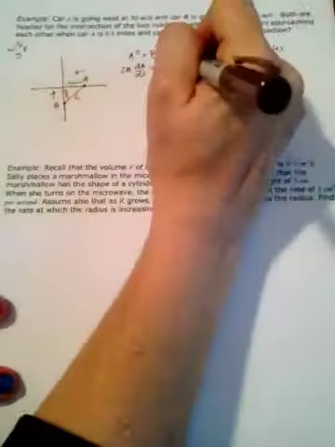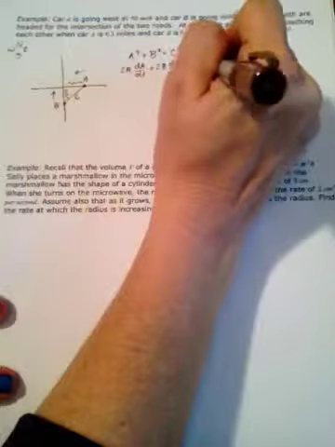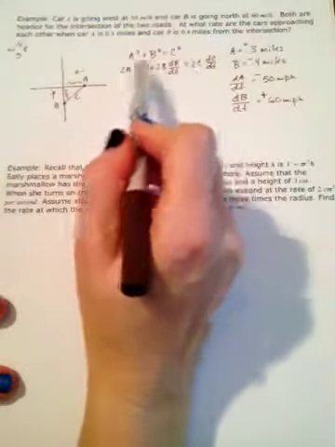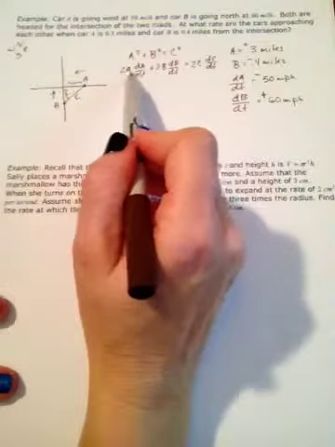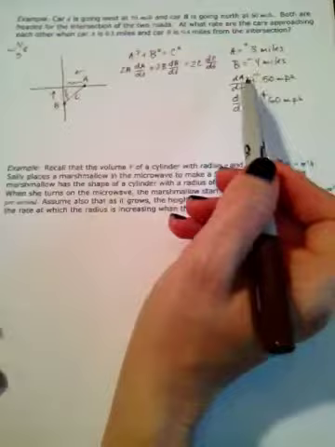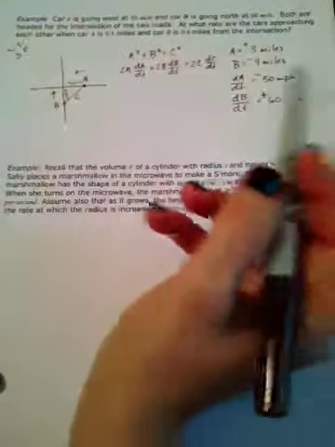And the derivative of c squared is 2c dC dt. So the next thing you might notice when you see this is that there's a 2 in every single term. So you can actually just divide both sides by 2 and get rid of them, or you can leave them there. I'm going to go ahead and leave them there for right now and fill in the information I know and see what I still need.